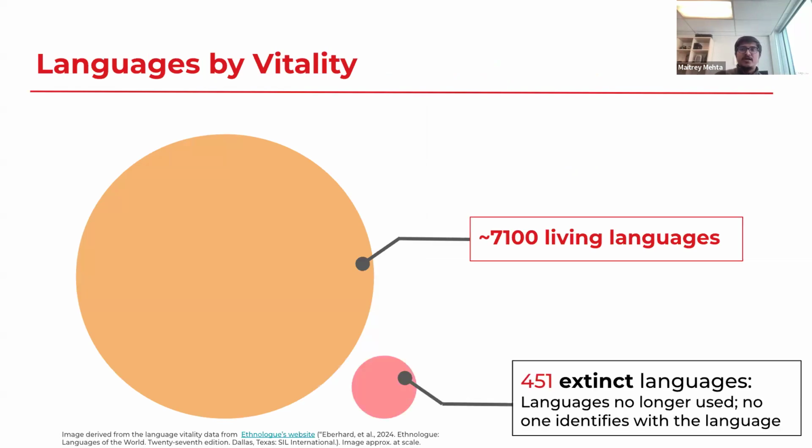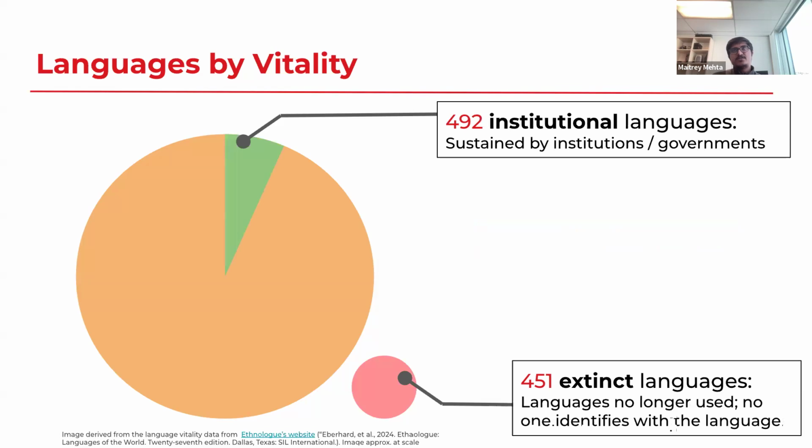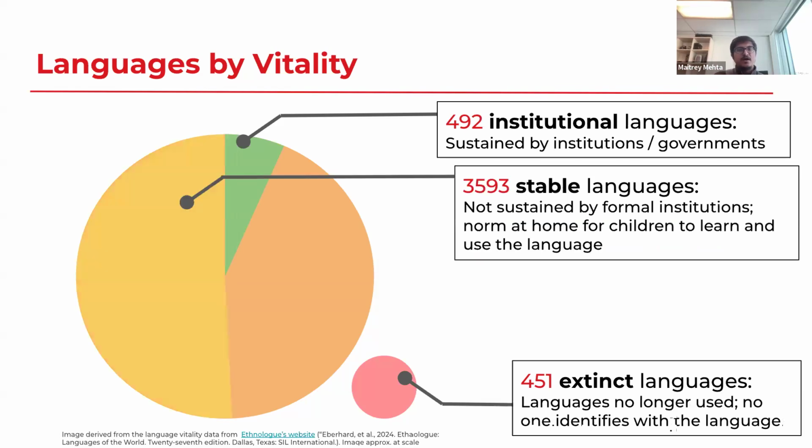We have already lost around 451 languages that are other than the 7,100 that we are talking about, right? Of the 7,100 languages, around 500 of them are used in government documents. They are taught at schools. They are well spoken. So these are languages that are protected right now.